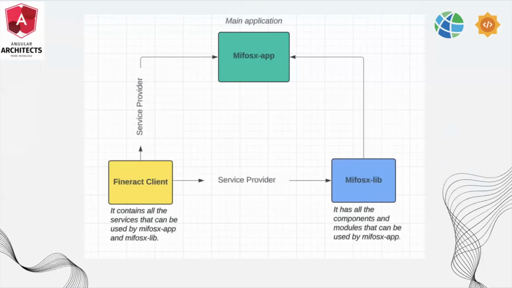In the center we have the main application, and the Findia client is the services which talk with the backend and provide the services to the application as well as the Mifos library. The Mifos library contains the components and modules which will be shareable, and the Mifos app uses the Mifos X library. Next slide.